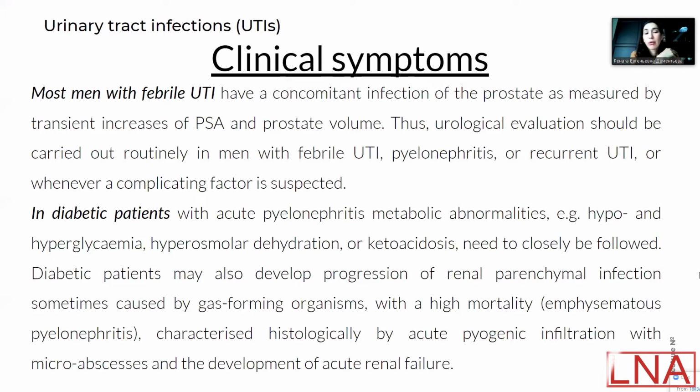Diabetic patients may also develop progression of renal parenchymal infection, sometimes caused by gas-forming organisms, with a high mortality in case of emphysematous pyelonephritis, characterized histologically by acute pyogenic infiltration with microabscesses and the development of acute renal failure.